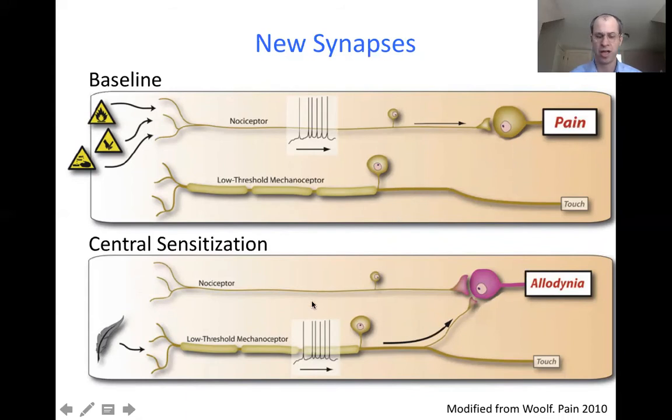And so what is thought to happen is there's a sprouting of new synapses from these low threshold mechanoreceptors into the superficial dorsal horn. And those connections are what drive allodynia, because now these low threshold mechanoreceptors that are involved in light touch now are able to transmit their activation signals to the second order pain neurons and activate them, and that results in allodynia.